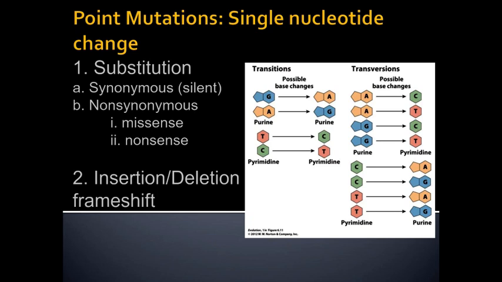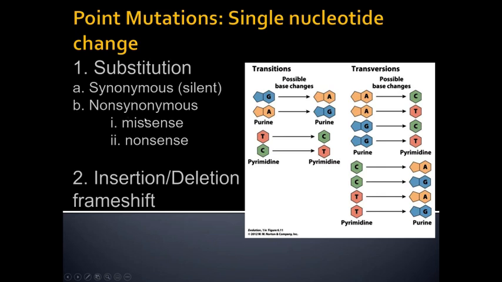But CCC, all three in a row, codes for the amino acid proline. You can look at the genetic chart to confirm that. And if I mutate that third position to an A, it still codes for proline. So that's going to have no impact on the phenotype of the organism because it still has the same amino acid in that gene. So that would be known as a synonymous or a silent mutation. Okay? We can also have silent mutations in non-coding DNA, but for now, we'll treat these two words as equivalent.